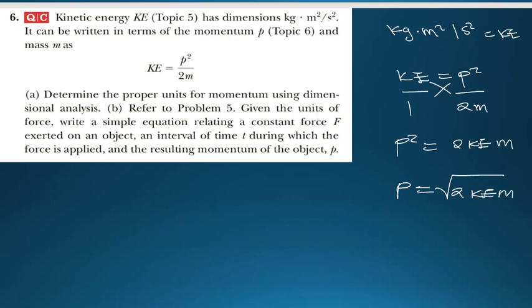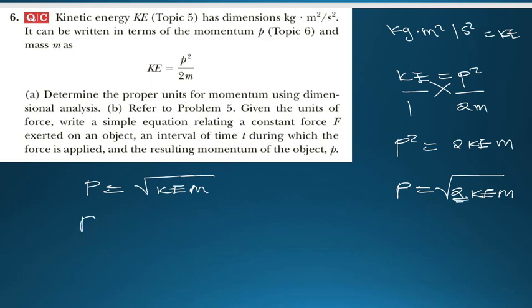Now I want to tell you that any constant is dimensionless, so we're going to get rid of 2 by using that fact, because all constants are dimensionless.